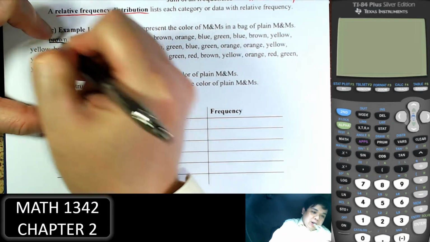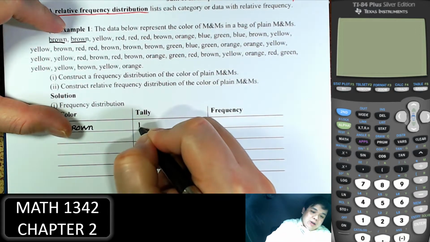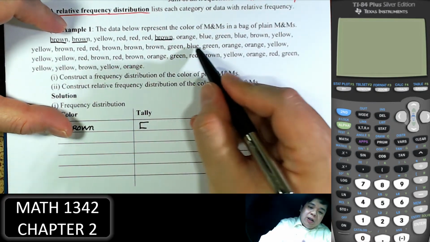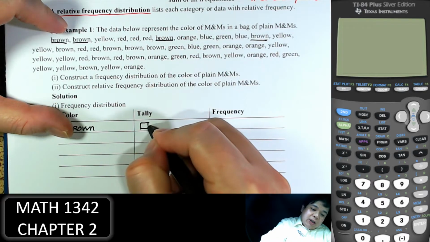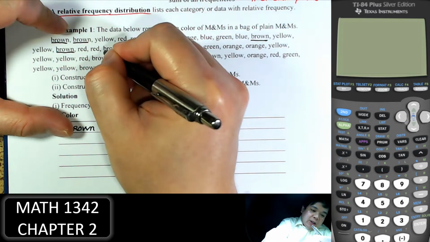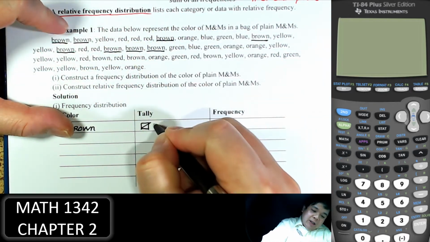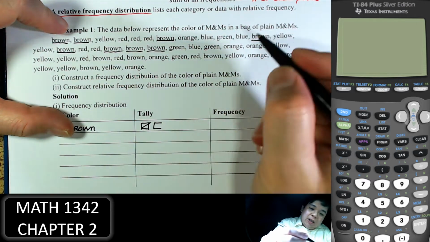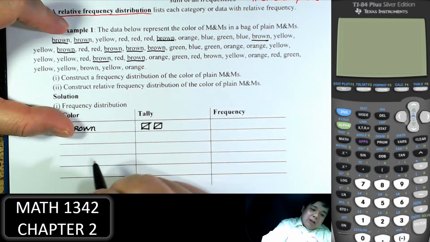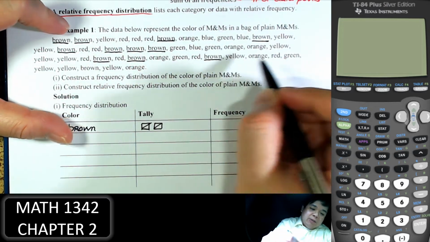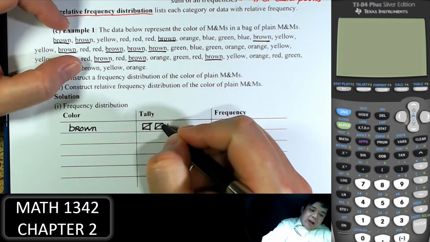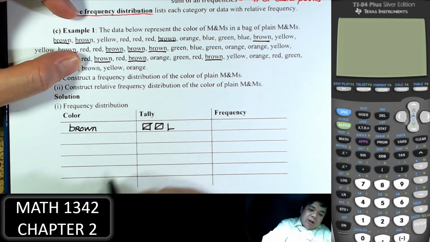So that would be 1, 2, 3, 4, 5, 6, 7, 8, 9, 10, 11, and 12.